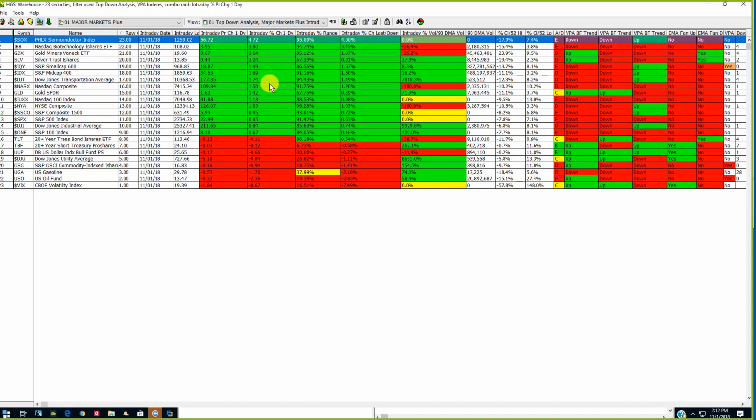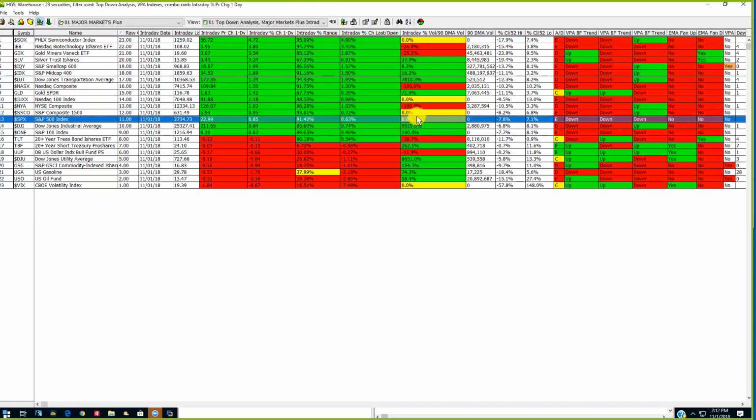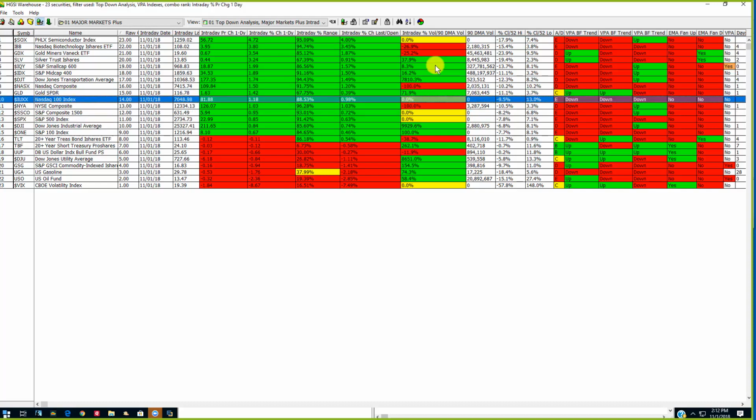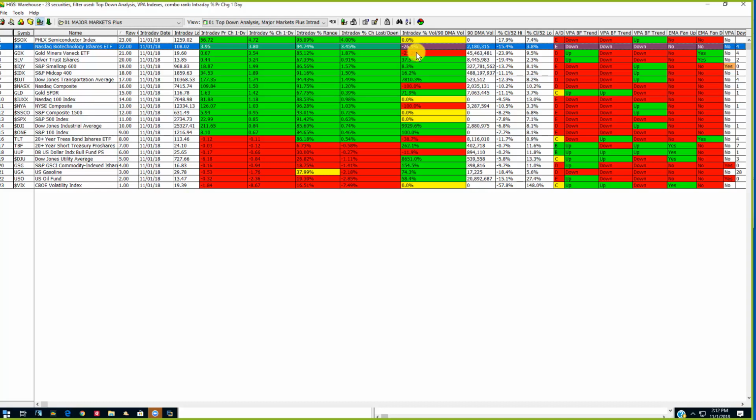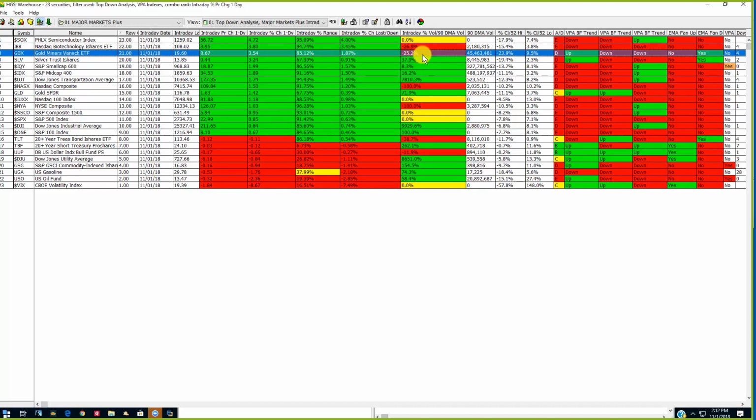So what does all this mean? It means that this is the strongest group today in this particular folder. Now there's other information in here too. A lot of these indexes, if there's a zero, they do not have volume associated with them. If there is a number, it tells you the relative volume compared to approximately the same time yesterday.